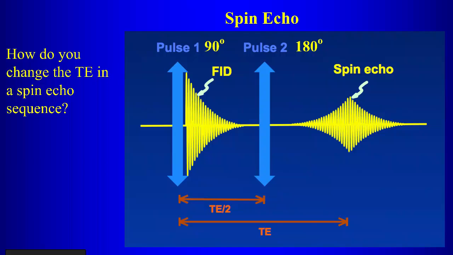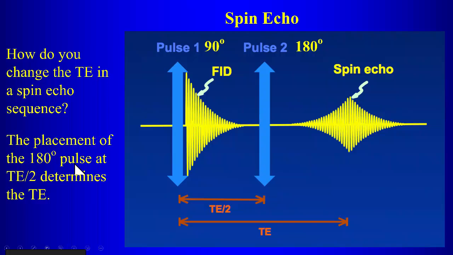So where you put that 180-degree refocusing pulse determines where the echo forms in your spin echo sequence. And that's how you manipulate the TE in a spin echo sequence. Okay? So that placement of the 180-degree pulse at TE over 2 determines the TE.